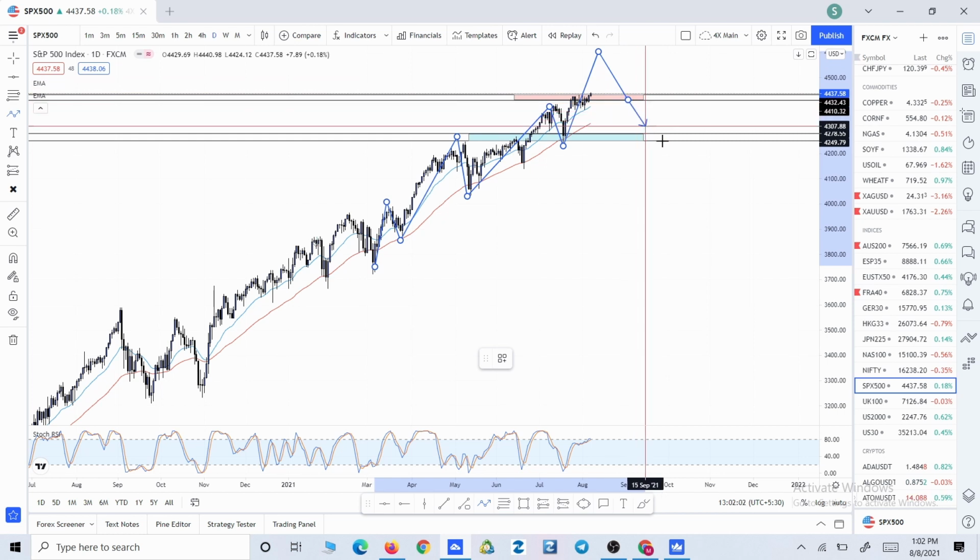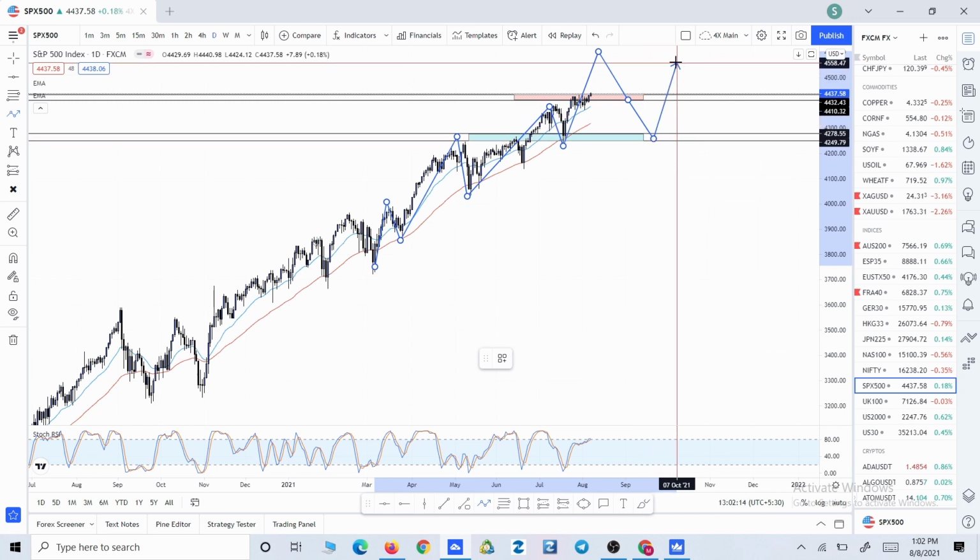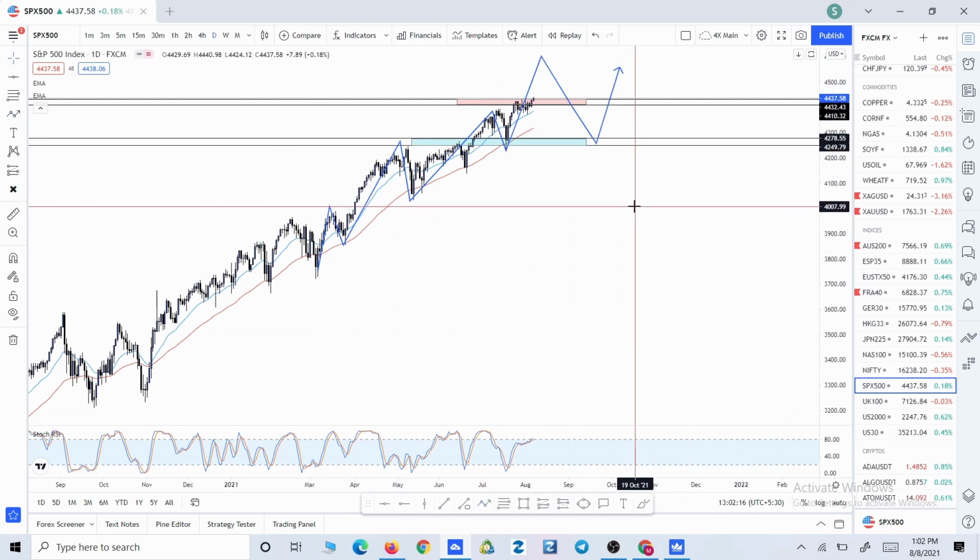If not that, then we can also wait for the price to retrace back to the beginning of this impulsive wave to the upside, or you can say the previous low, and look for any kind of rejections to the upside to go long. So these are the two possible scenarios that we see on S&P 500.